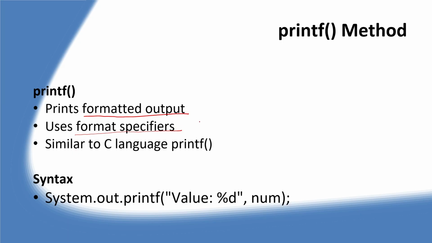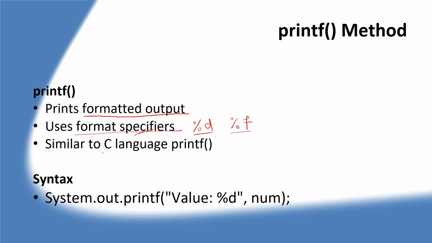We will specify what kind of data type we are going to print. So we have %d, we have %f. Based on use, we will be using different format specifiers. By name it is clear, we are specifying the format in which we are going to give output. So explicitly we are providing the format specifier.